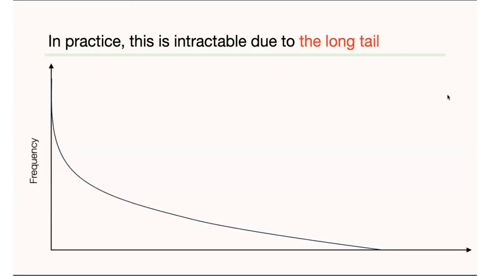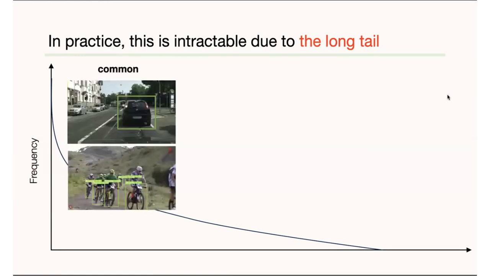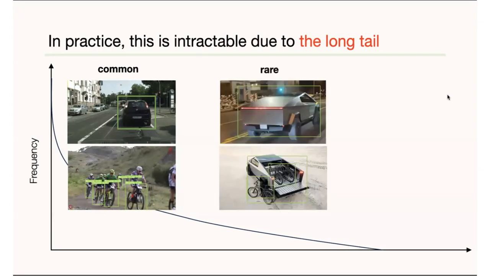And even beyond labeling cost, I think an important challenge is that most real-world data distributions have a long tail, right? So consider something like self-driving or object detection on self-driving scenes. You're going to have some categories for which you have a lot of examples, like cars and bicycles.